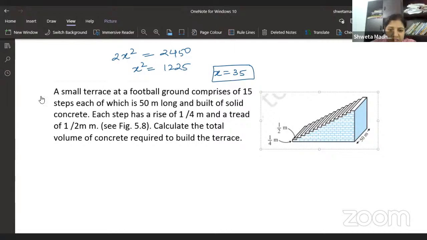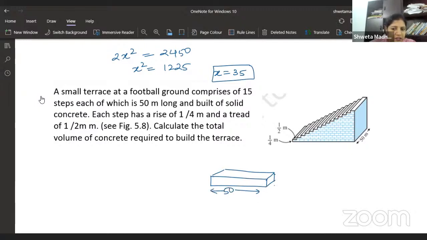So you have a structure like this. This is one step: 50 meters width, that is length, the height is 1/4 and the width is 1/2. Now the second step is from here, and again this is of equal width.